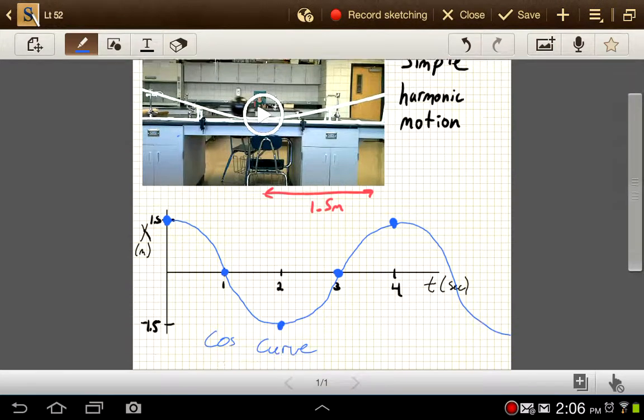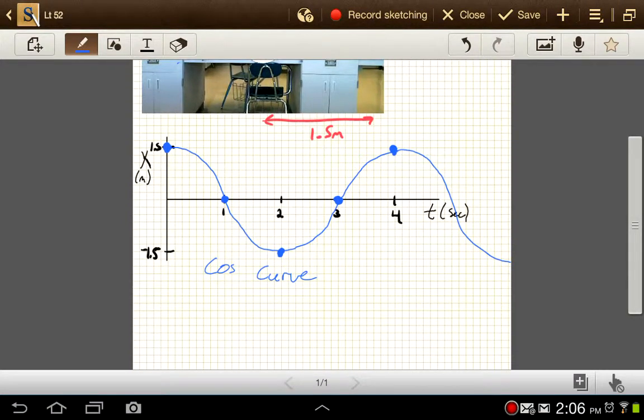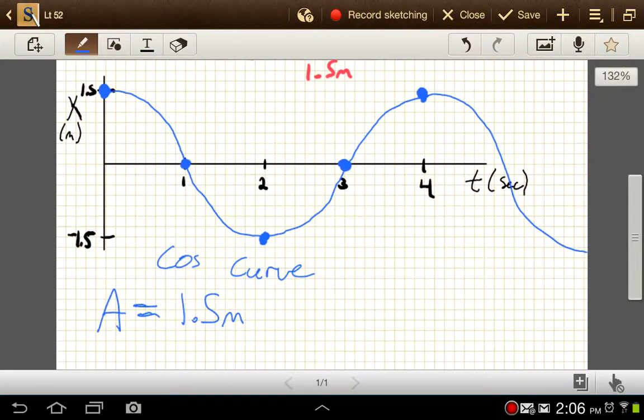So, based on this graph, we've got our equilibrium position right here, x equals 0. The farthest it ever gets is 1.5 meters in the positive or 1.5 meters in the negative direction. So I could say then that amplitude is equal to 1.5 meters. And you don't need to specify that it's plus or minus 1.5 meters. When you say amplitude, we understand that it can be 1.5 meters on either side of that equilibrium position.